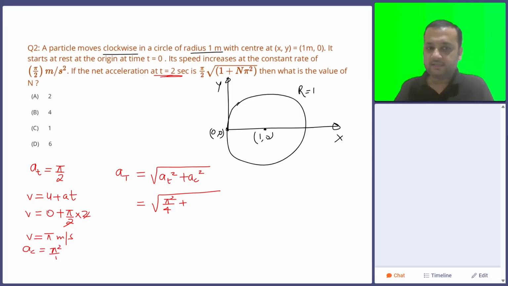You square the centripetal acceleration, so that becomes pi to the power 4. Now if you take pi square by 4 outside, it will become pi by 2, this thing will become 1, and pi square and 4 will be left here. If you compare this value with the given result, then n becomes 4, which is option B.